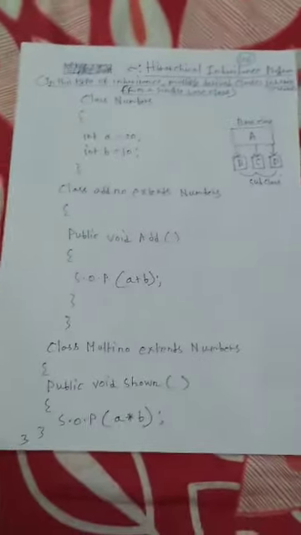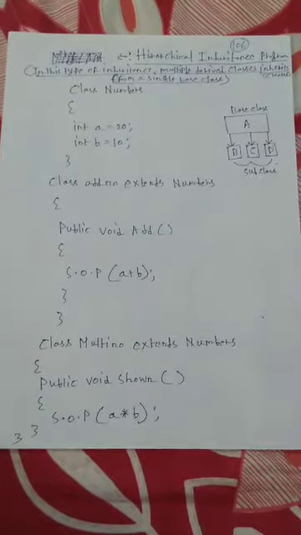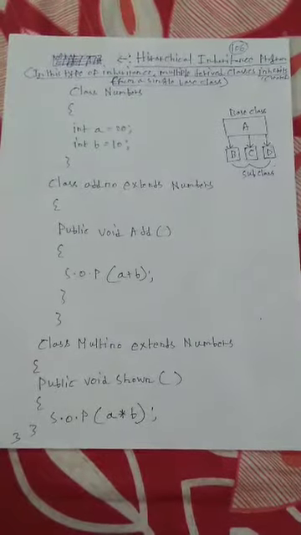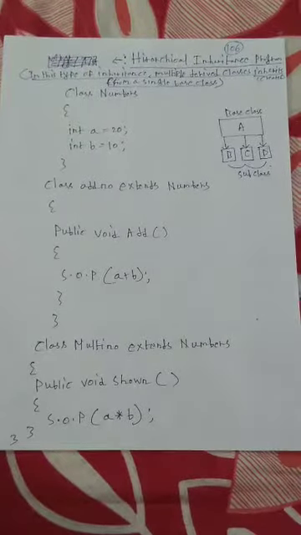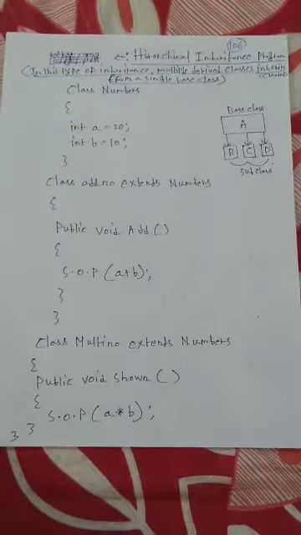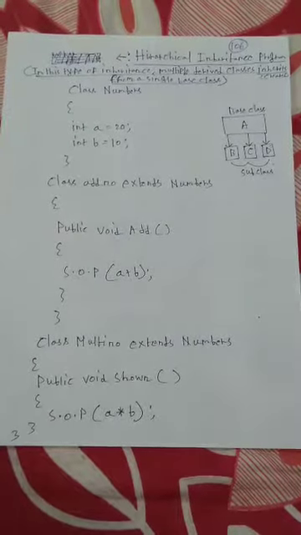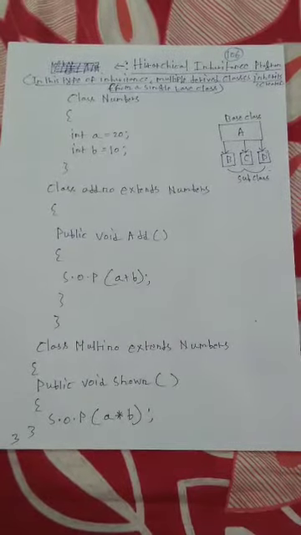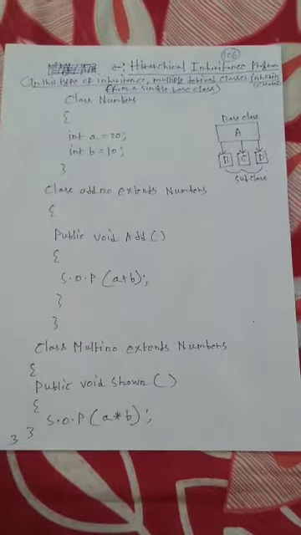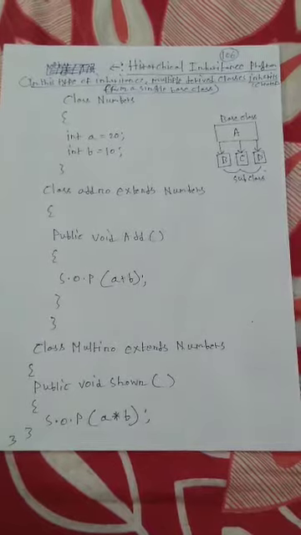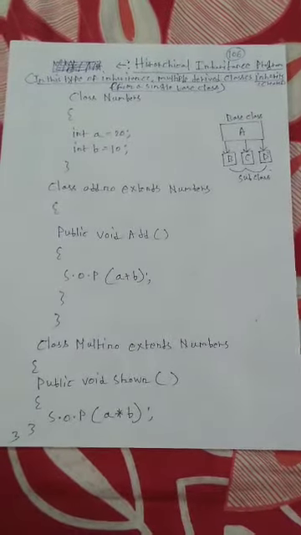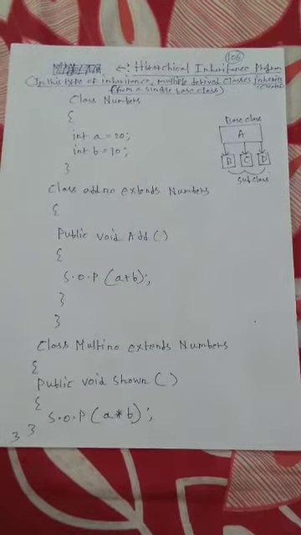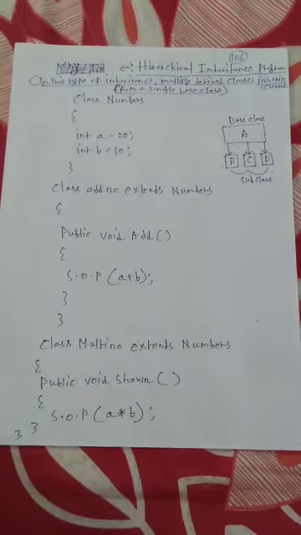Then next is hierarchical inheritance. In this type of inheritance, multiple derived classes inherit from a single base class. Here we take class Numbers, and two integer variables are assigned: integer a is equal to 20 and integer b is equal to 10. Then class AddNumber extends Numbers. Another subclass will be taken, and here the subclass shares the parent class values.